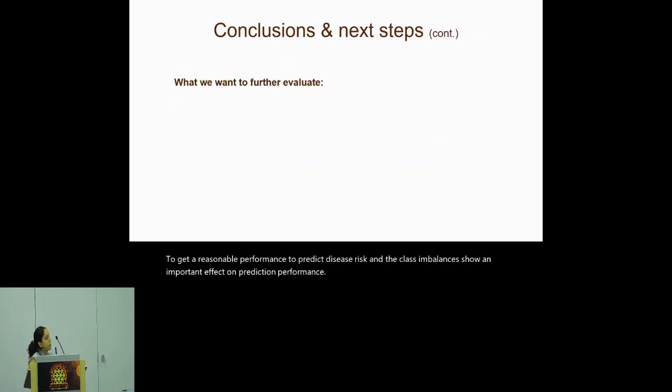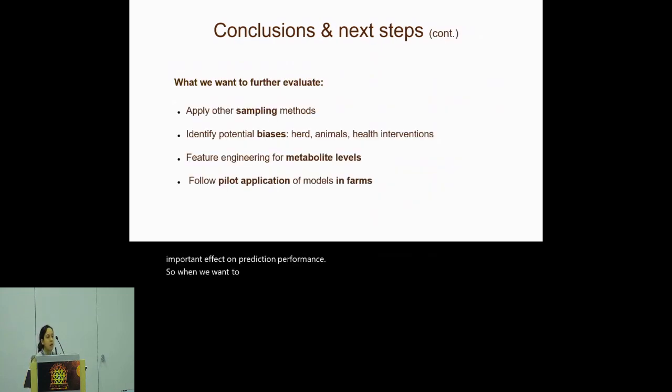So we want to further evaluate other sampling methods to handle the imbalances of the different classes and identify potential biases that might be added to a data set in terms of the herd to which the animal is a part of. Certain animals might be also introducing some bias as well as some specific health interventions.